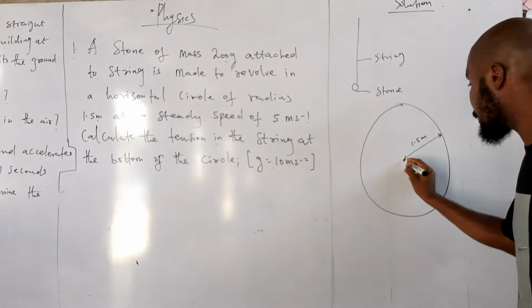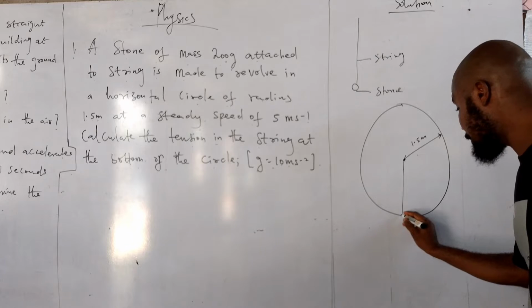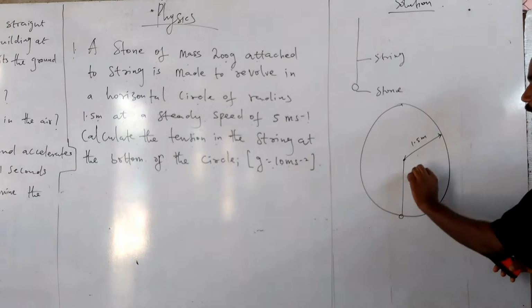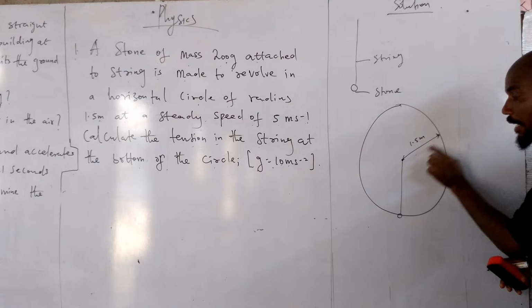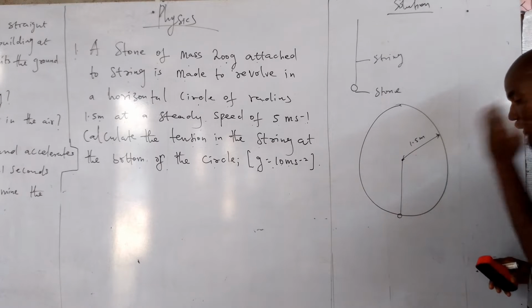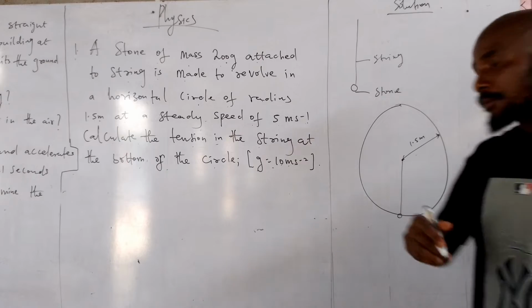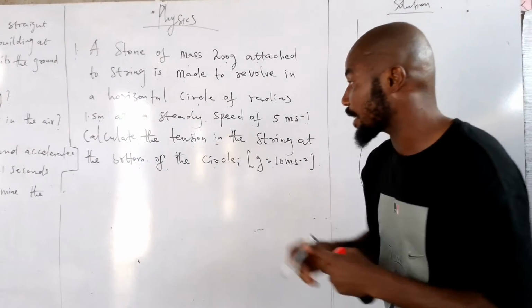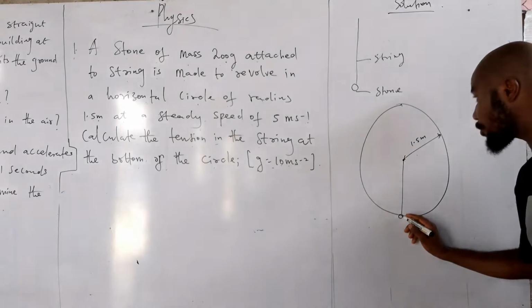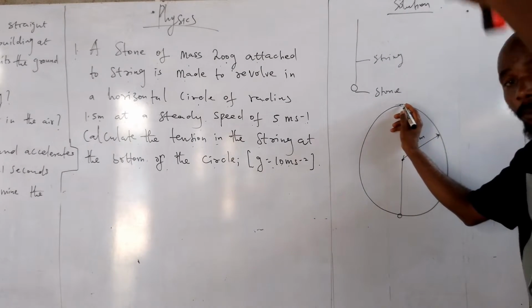This is my string, and this is my stone. As I'm winding this string with the stone, I form this particular circle that has a radius of 1.5 meters. Now they want to calculate the tension in the string at the bottom of the circle. So this is the bottom of the circle, and this is the top of the circle.